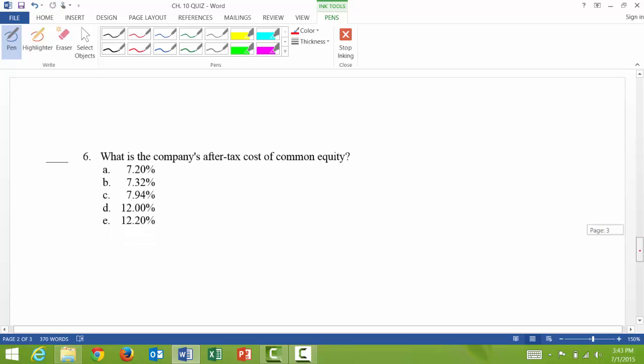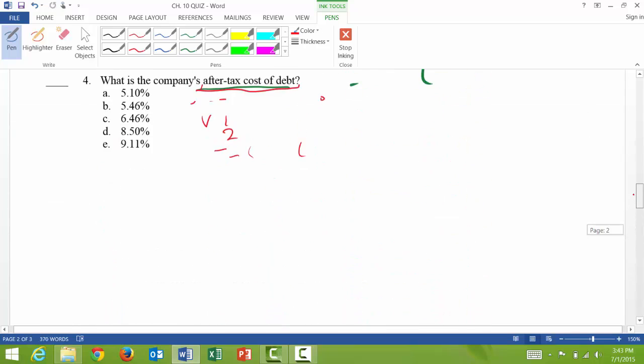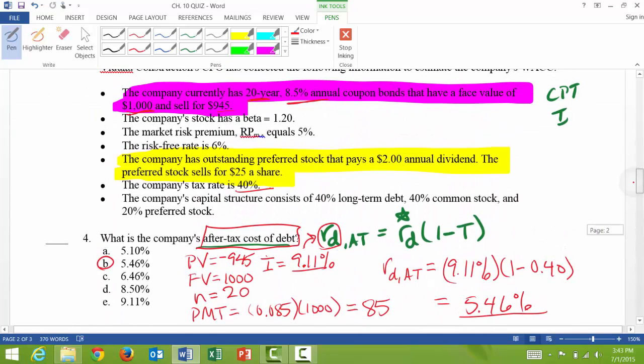And then if I go down to this question, what's the company's after-tax cost of common equity? Let me go back up and see what type of information they gave me. Did they give me the CAPM stuff, or the discounted cash flow method, or the bond yield plus risk premium method?